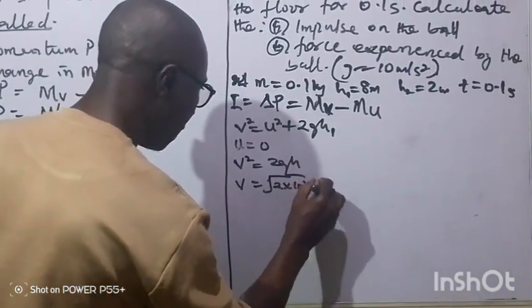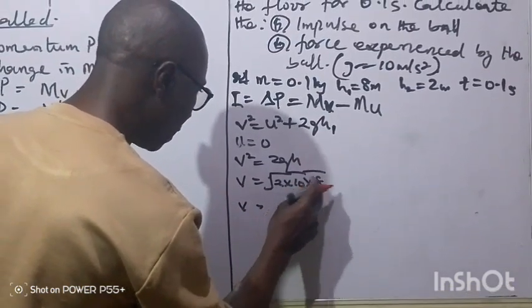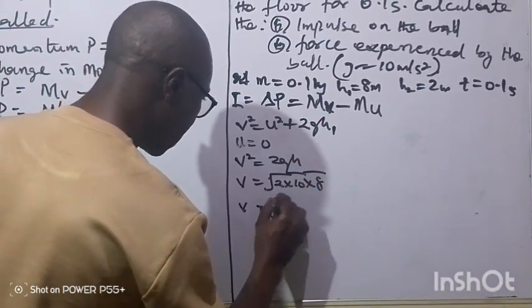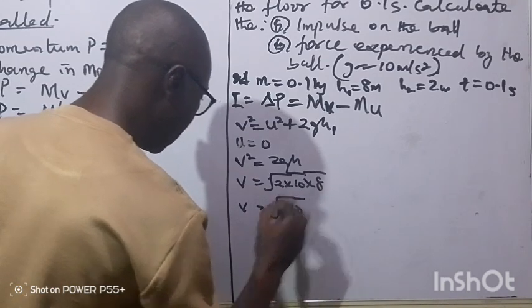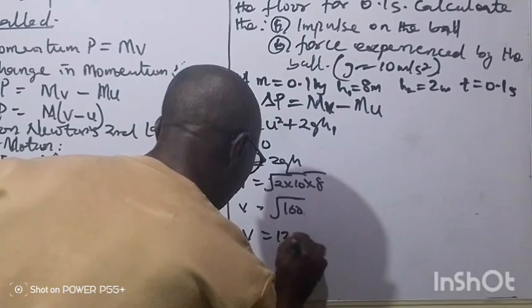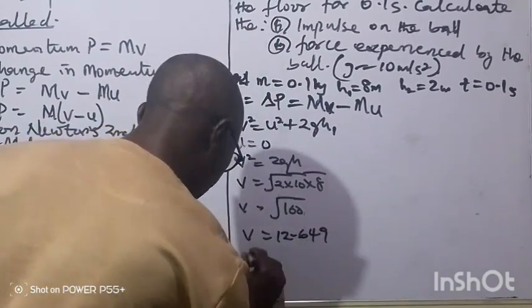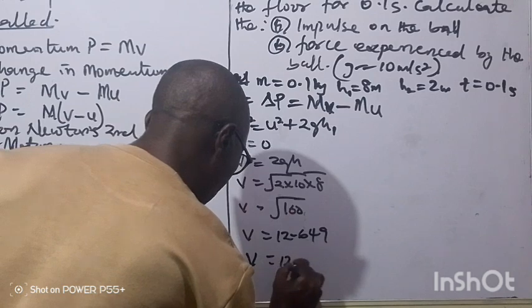Multiplying everything together gives 160, so the square root of 160 gives us 12.649. If we approximate, v will be equal to 12.65 meters per second.